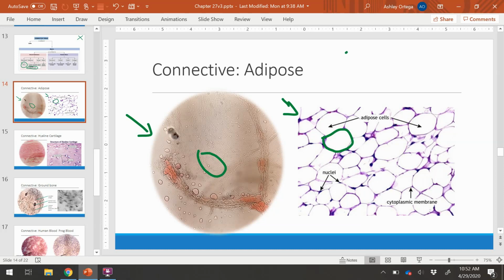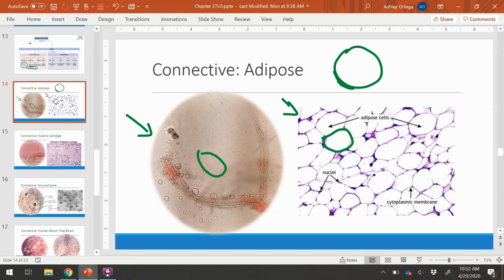And so the cell is simply a big round circle with a plasma membrane holding it all together. And this is containing all the fat, all the lipids, and then the very tiny nucleus on the edge of the cell. That way it can perform all of life functions.